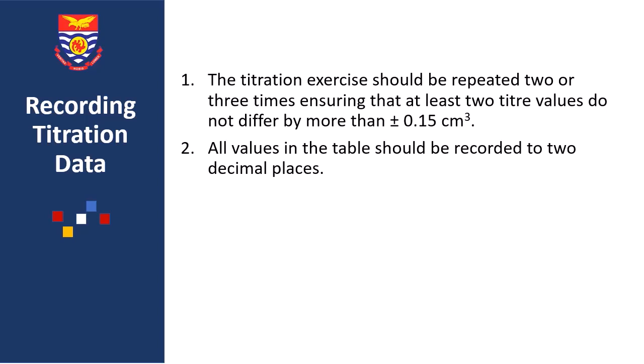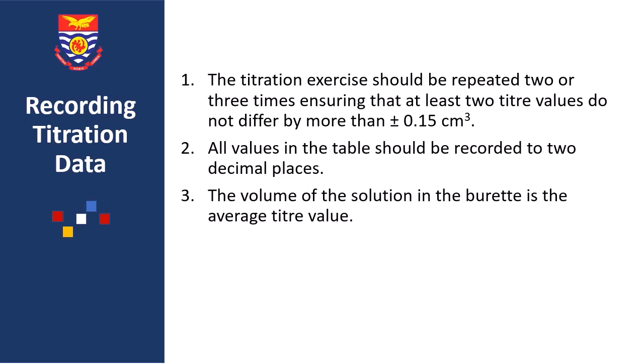All values in the data should be recorded to 2 decimal places. And so if you had a volume of, let's say, 20, you are not going to write only 20 in the table. You write it as 20.00. That is 2 decimal places. The volume of the solution in the burette is the average titer value.